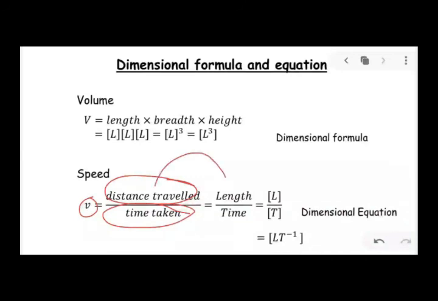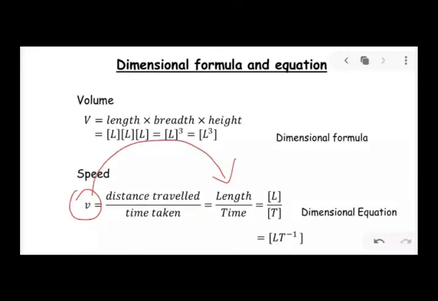Now the dimensional formula for distance is length and the dimensional formula for time taken is T. So what I'm trying to do is denote my speed in terms of the dimensional formula of distance traveled and time taken. So this is known as your dimensional equation. Or more appropriately, I can say length is denoted by capital L, time is denoted by capital T. So in terms of my dimensions, this will be my dimensional equation.